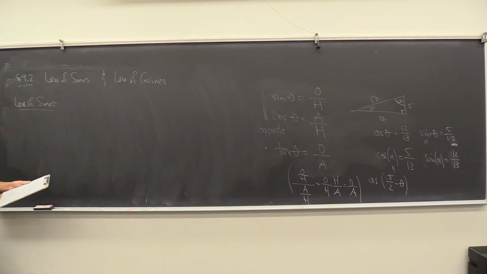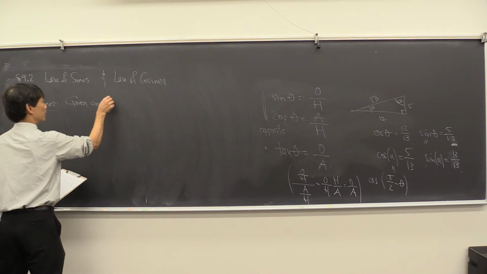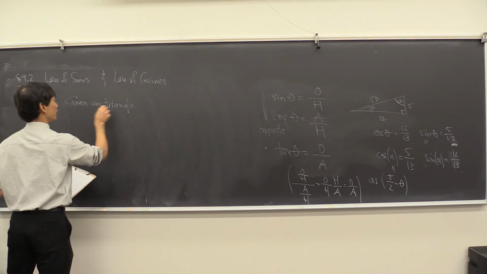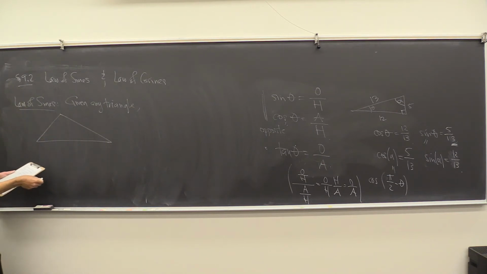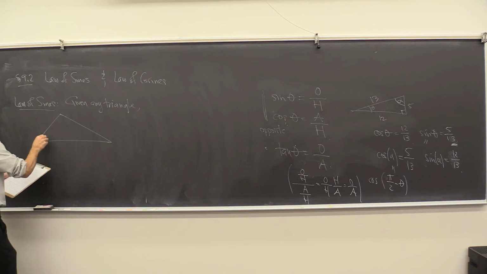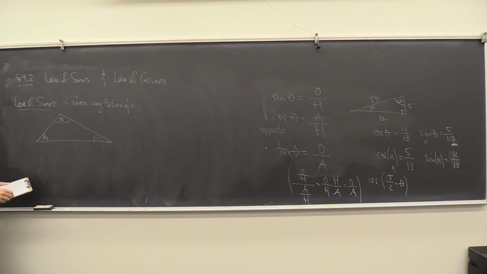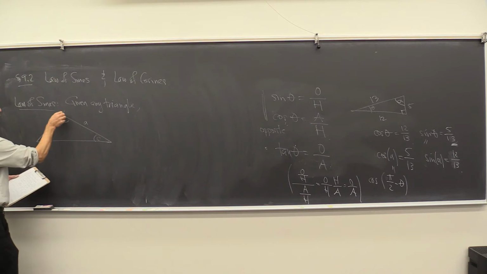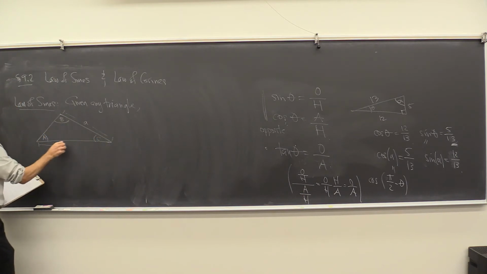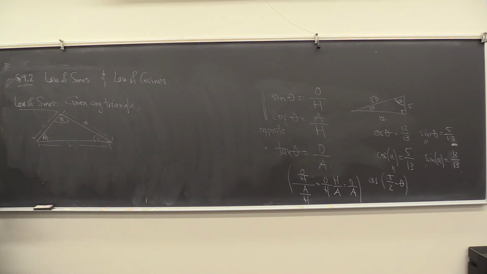The law of sines says the following: given any triangle, I'm just going to draw one here, let's call the angles capital A, B, and C, and the opposing side lengths lowercase a, b, and c. That's pretty standard.